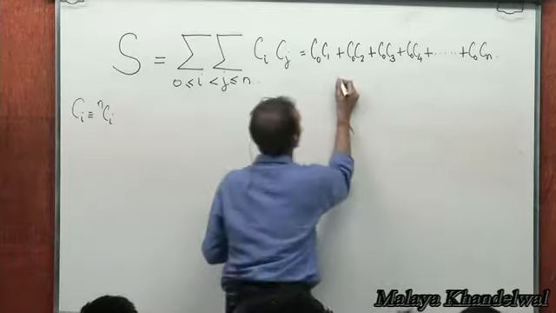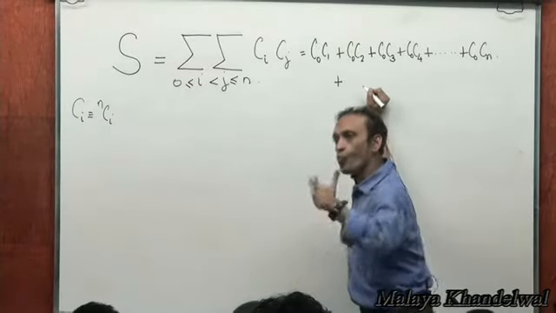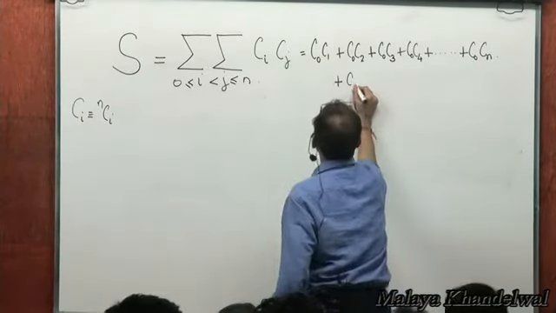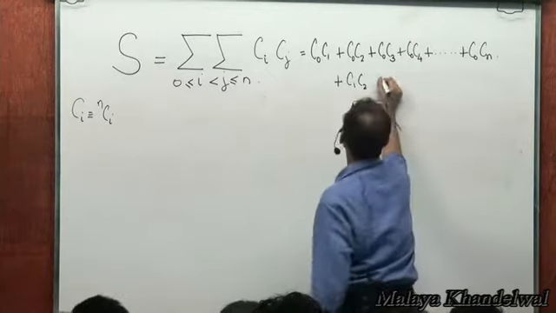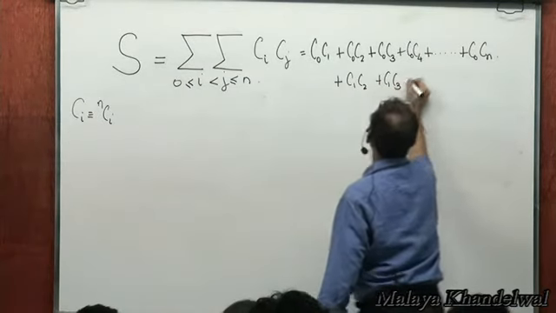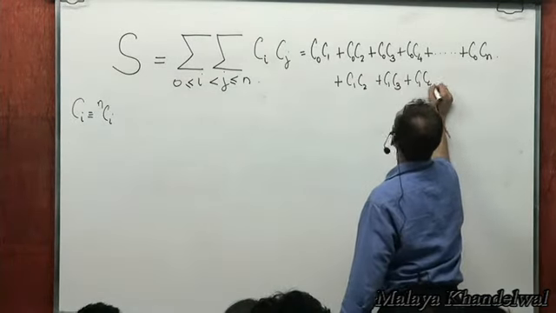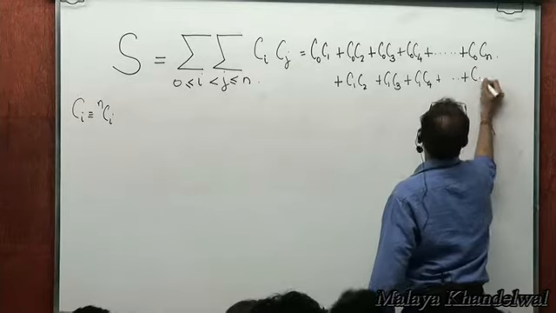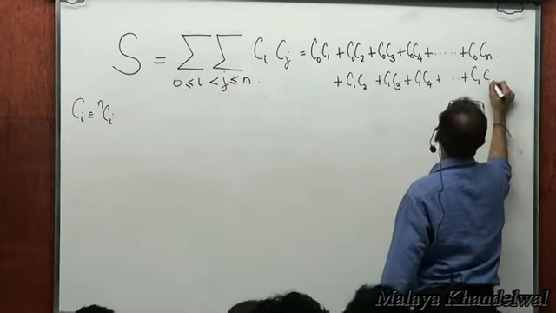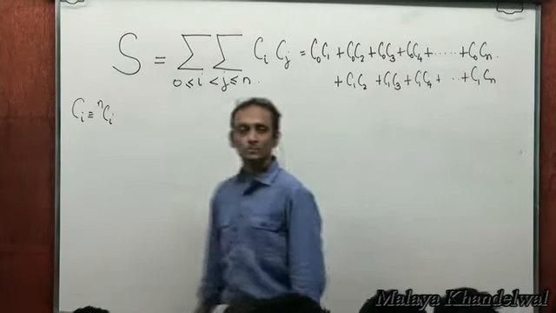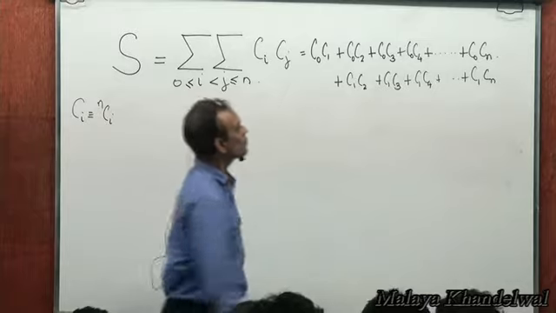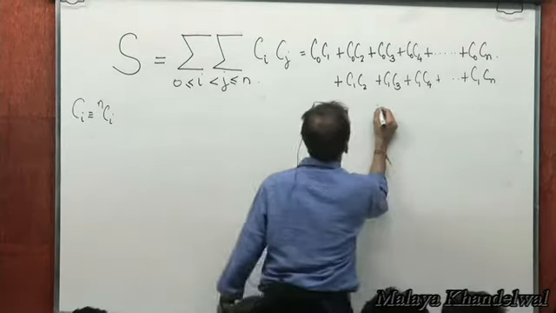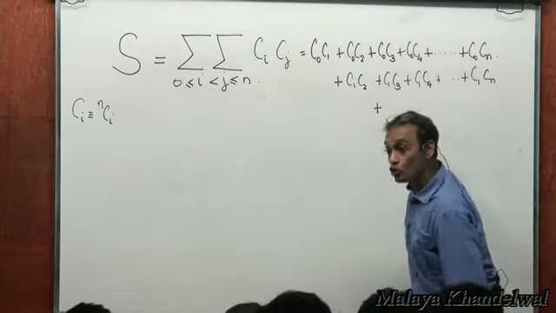Then the next row, i equal to 1. So i equal to 1, j will be 2. i equal to 1, j could also be 3. i equal to 1, j could also be 4. i equal to 1, j could also be n. Yes or no? Then the third row for i equal to 2.